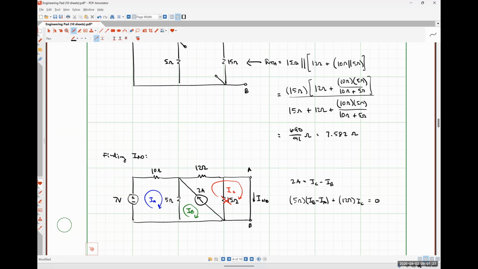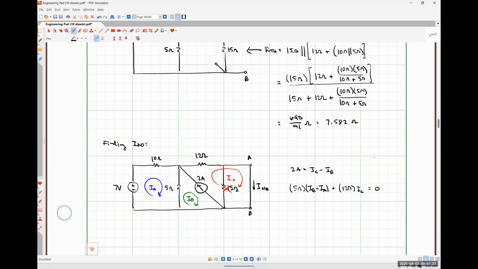Okay. The only thing we have left is to write a KVL equation around mesh A. So somebody else tell me what's going on there. Nope. If we're writing a Kirchhoff's voltage law equation, we should never have a current source in it at all. So we're doing KVL around mesh A, and the 2 amp source isn't touching mesh A either. So care to take a crack at it again?